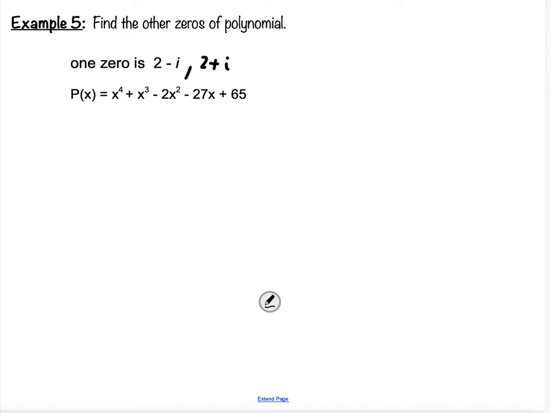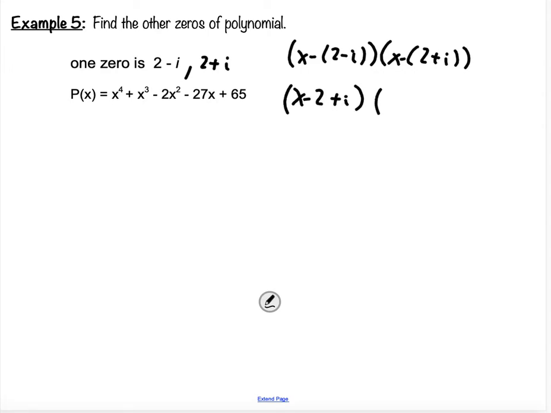So let's go ahead and do x minus each one of those zeros to find the quadratic that forms those. I'm going to distribute my minus sign through. I'm going to distribute my minus sign through.